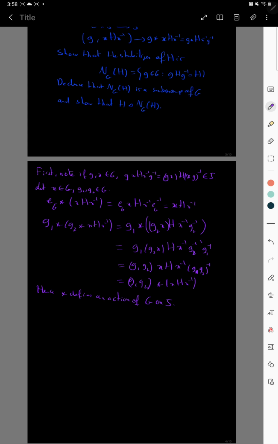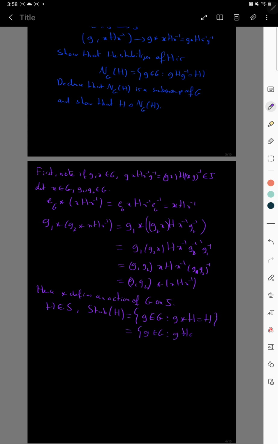Now, what is the stabilizer of H? The question asks me to find the stabilizer of H. H is an element of S, so it makes sense to talk about the stabilizer of H. It is the set of g in G such that g star H is equal to H, by definition of the stabilizer.